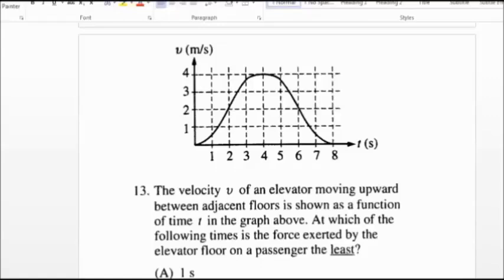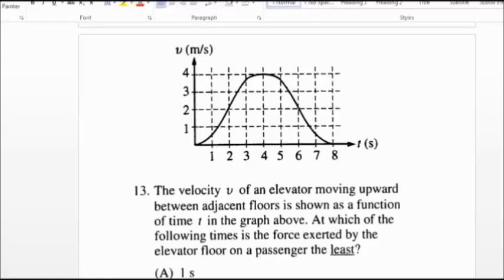Then after 4 seconds, the velocity of the elevator is falling, so the velocity of the person is also reducing. That means the acceleration is negative. The acceleration being negative means the reaction force is less than the force of gravity. So only then the acceleration can be negative.